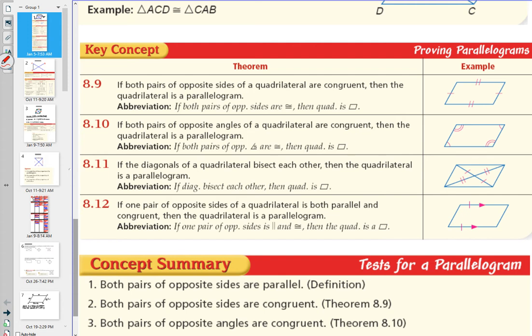But if they were to tell you that just one pair is both parallel and congruent, even if we know nothing else about that other side, it's enough to say that it's a parallelogram. But you'd have to have both, right?